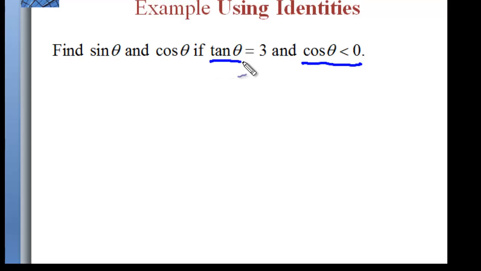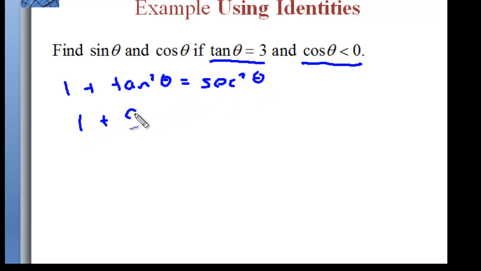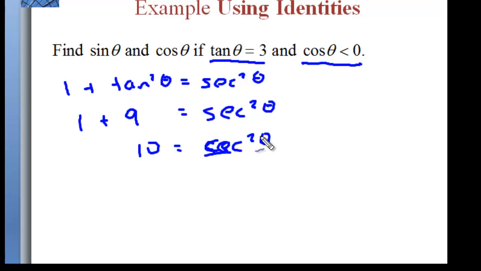So using the tangent, the identity with tangent is 1 plus tangent squared theta is equal to secant squared theta. Tangent is 3, so we have 1 plus 9, 3 squared is 9, equals secant squared theta. So secant squared theta is 10.